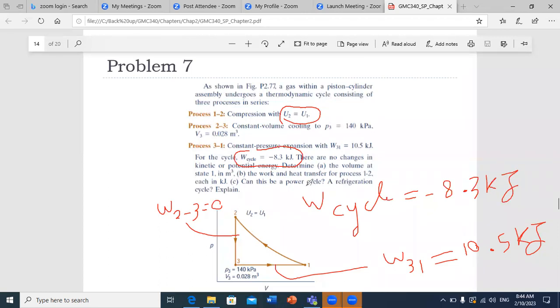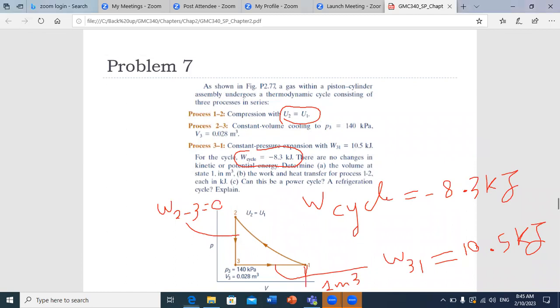And we know also that the volume at state 1, V1, is equal to 1 meter cube. So this is what we know, and we want to determine the work and heat transfer for process 1-2, and if it's a power cycle or refrigeration cycle. So we'll start to do calculations step by step.